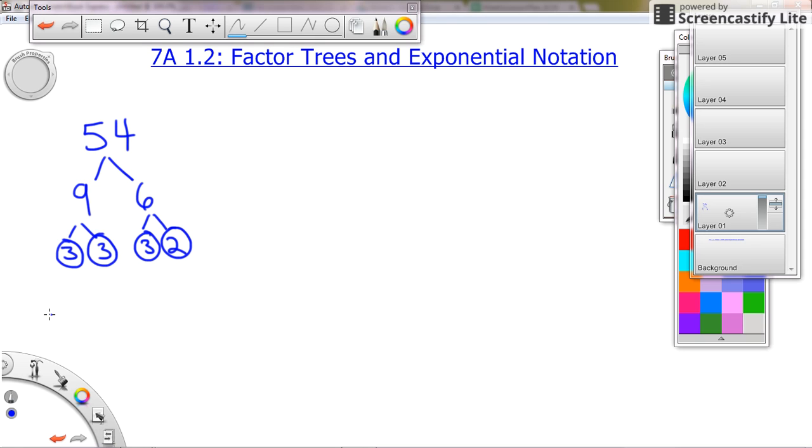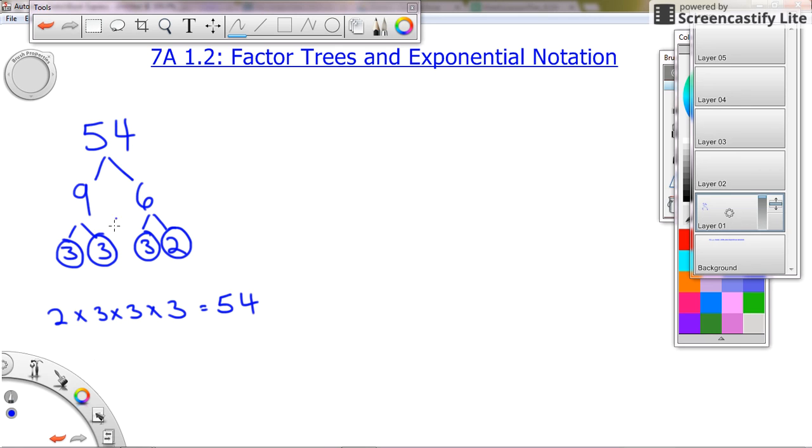So what that means is that 2 times 3 times 3 times 3 is equal to 54. And like I said, that's actually going to really help us out later. The key here was: we factored each step, circle your prime numbers.